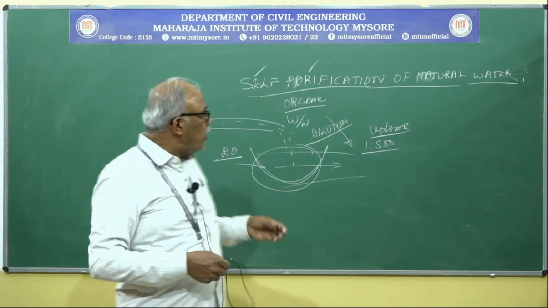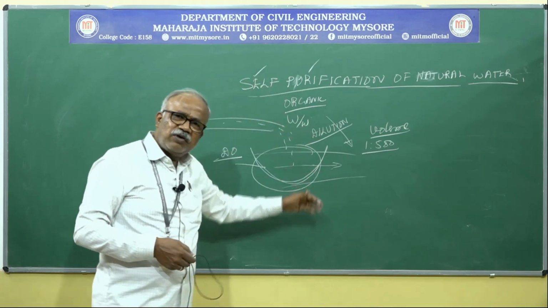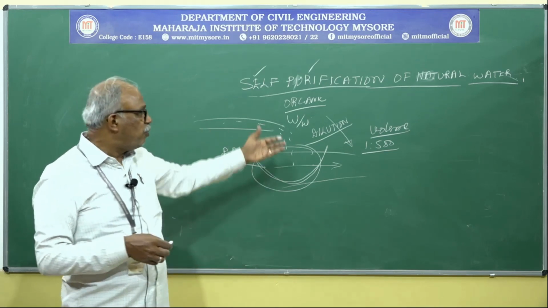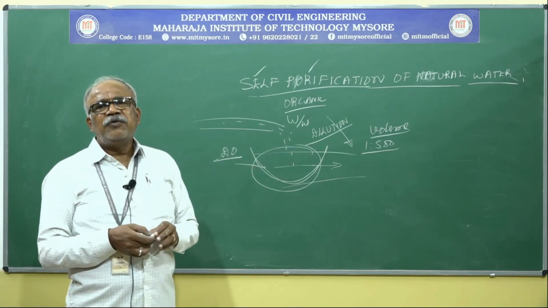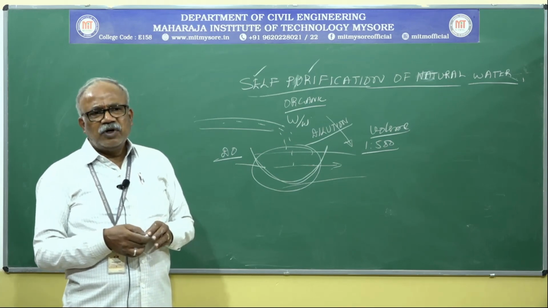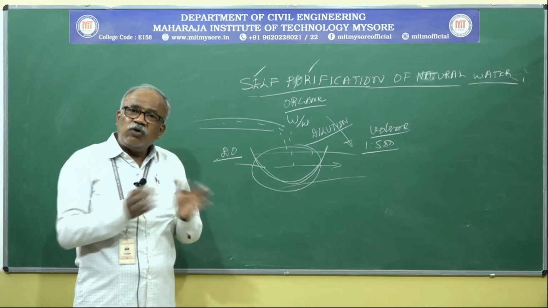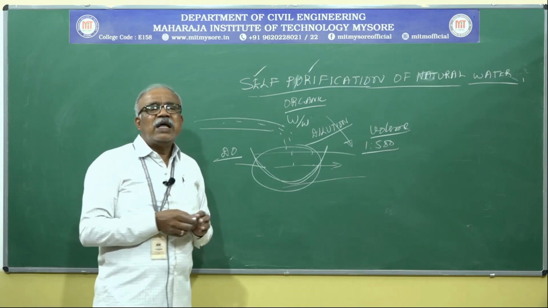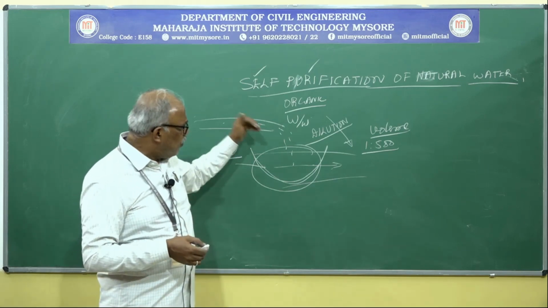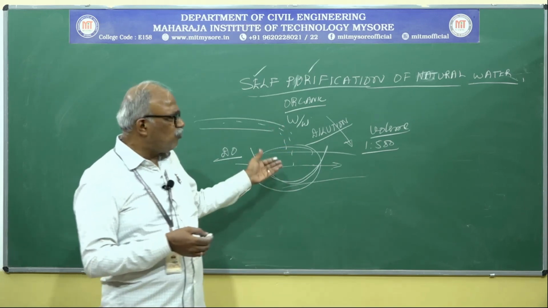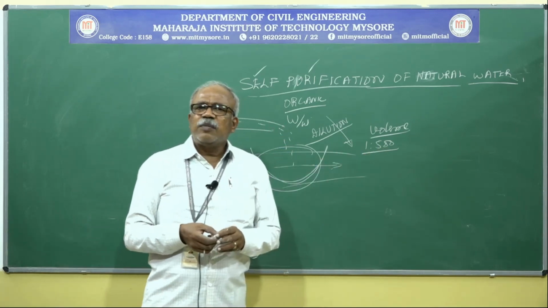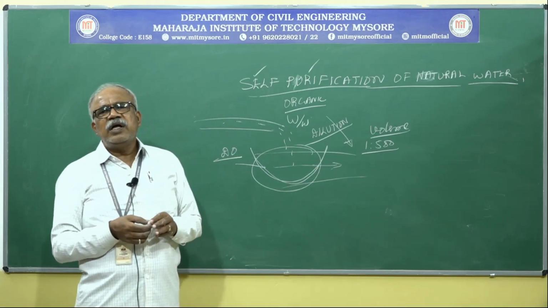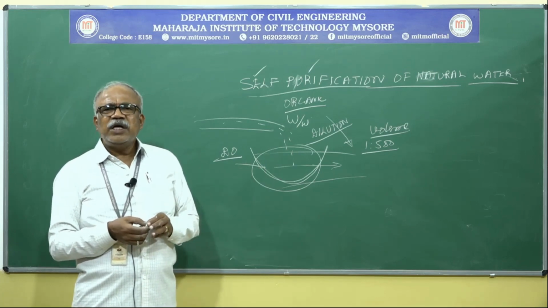Some problems will arise while discharging wastewater into natural bodies or streams, so we have to keep some points in mind before discharging. We can discharge, but we don't want to spoil the aquatic life or the environment. Because if we simply discharge wastewater into the natural water body, people downstream can use it without knowing, and their health will be spoiled.